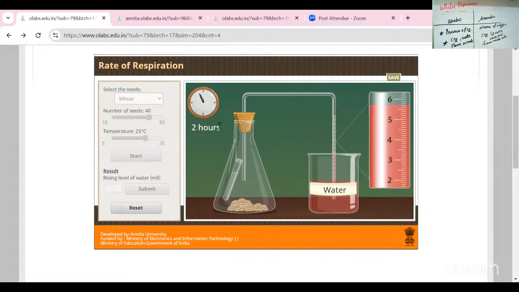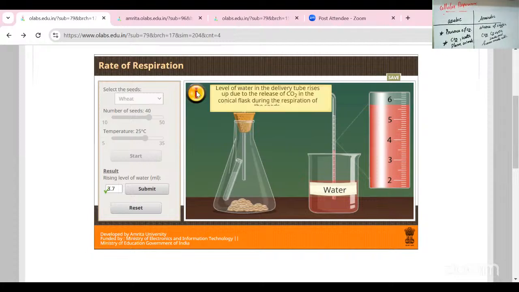Yes, 2 hours have passed. The initial level of the scale was 2, and the end level is 5.7, 5.8. I want to subtract the initial level, so 5 minus 2 means 3.7. This is the result.